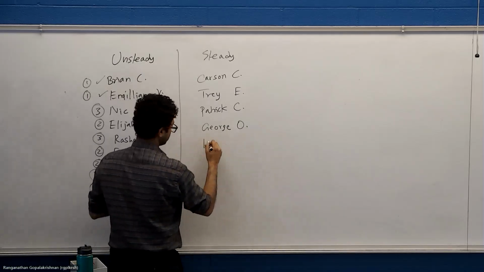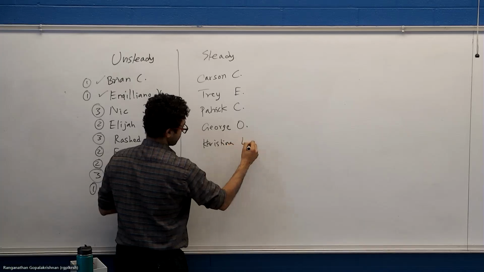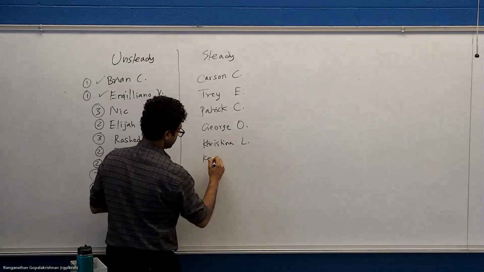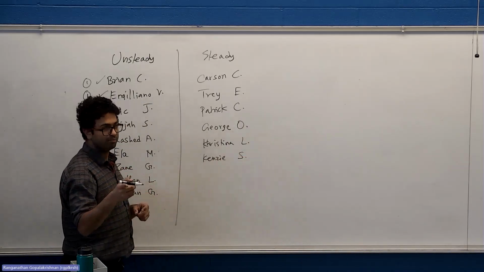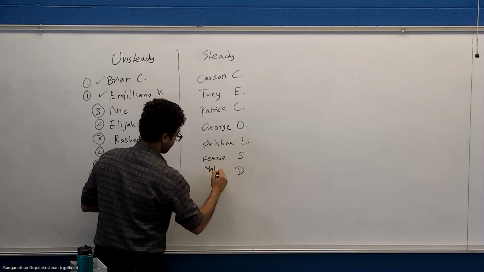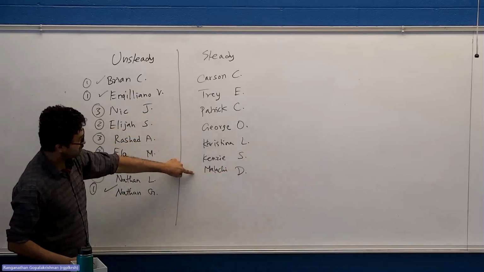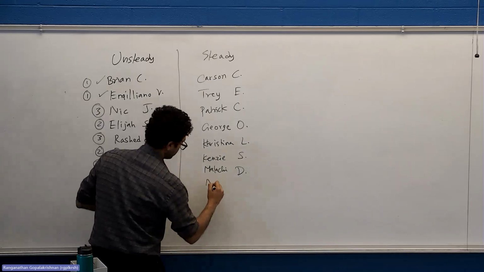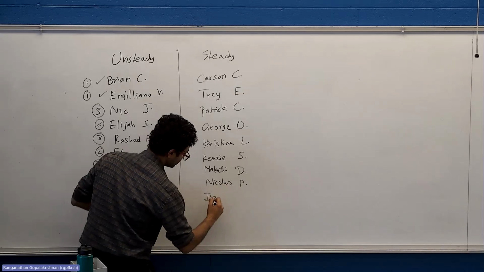Christina. Kenzie. Dickerson. 3, 6, 7. Who else am I missing? Three. Then Isaac.